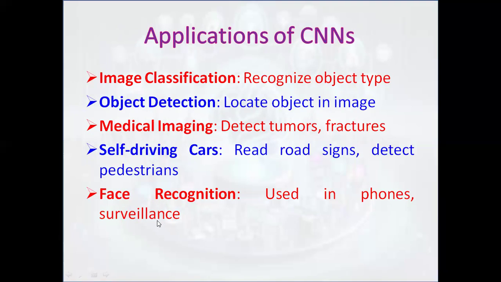CNNs help self-driving cars by recognizing traffic signs, pedestrians, and other vehicles to enable safe navigation. Next, face recognition systems use CNNs to authenticate identities by comparing facial features against a known database.